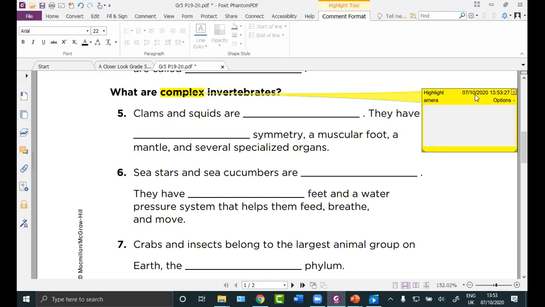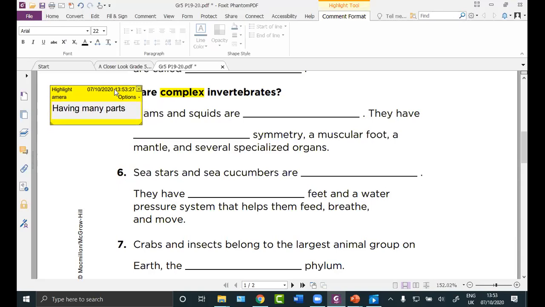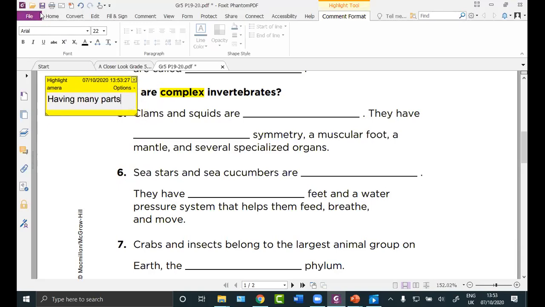So we don't have a lot of time. Complex means having many parts.